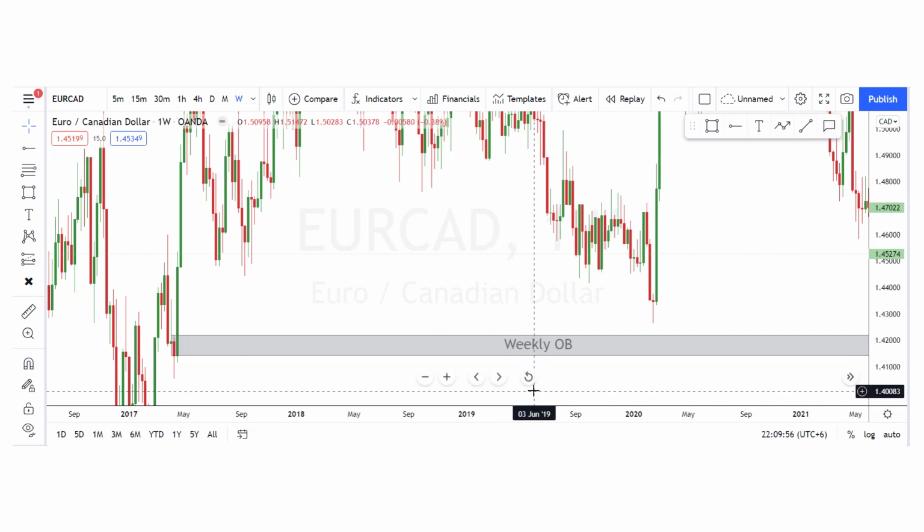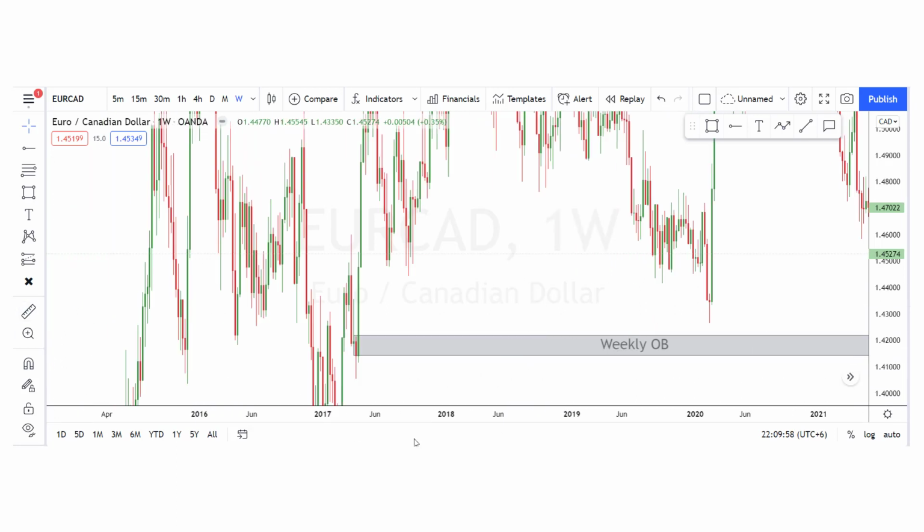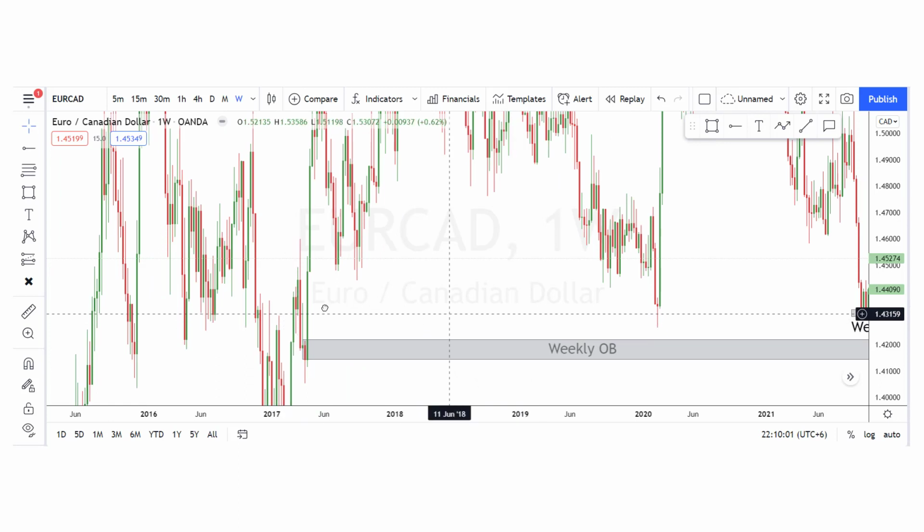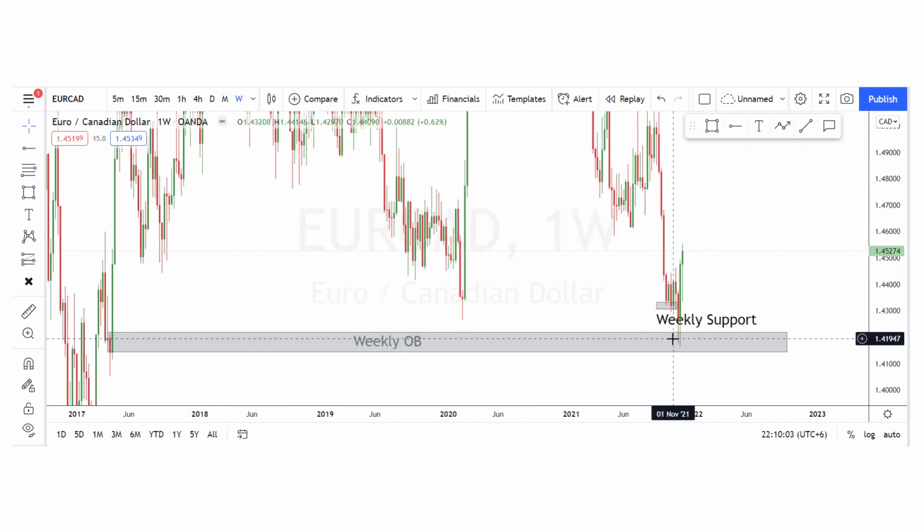So this was a weekly order block right here, and price touched this weekly order block and then gave a bullish movement upwards.